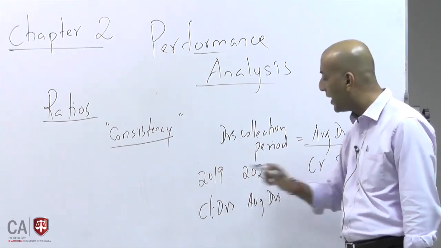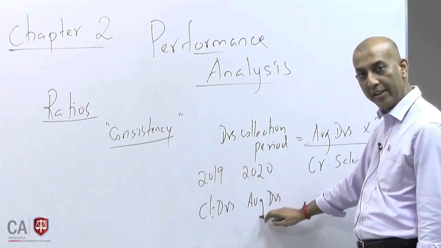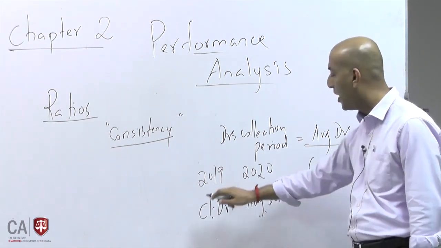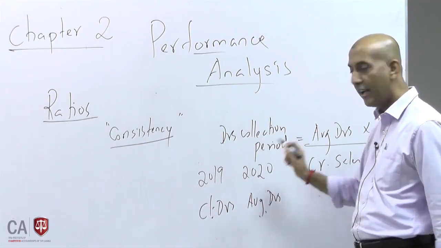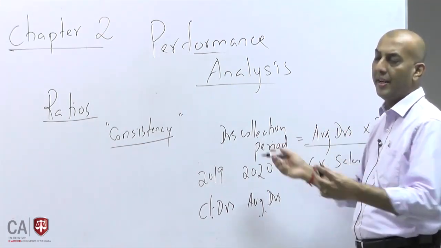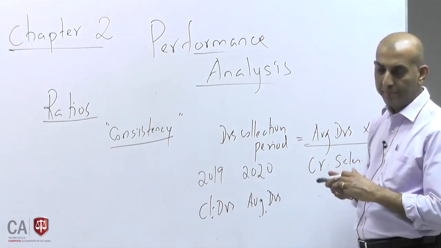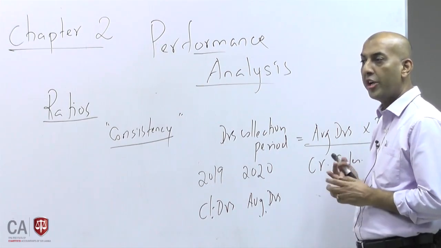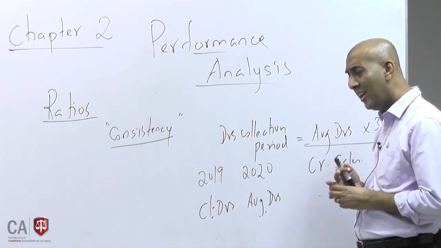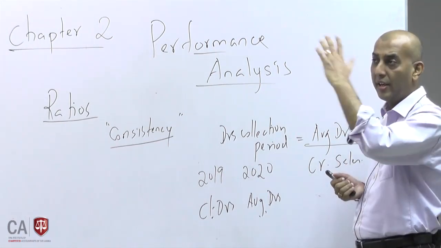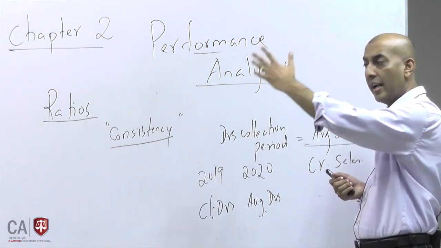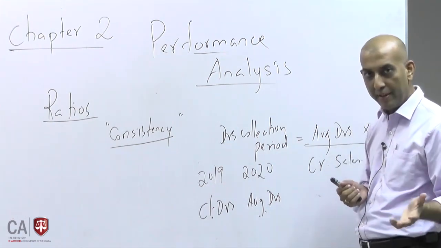So if you are using closing data for a year, you should use closing data for every year. If you are using average data, you should use average data. So you need to be very clear in this ratio. It can be any ratio. If you are going to calculate certain industries' ratios, you might calculate one year in one manner and another year in another manner, which is not acceptable.